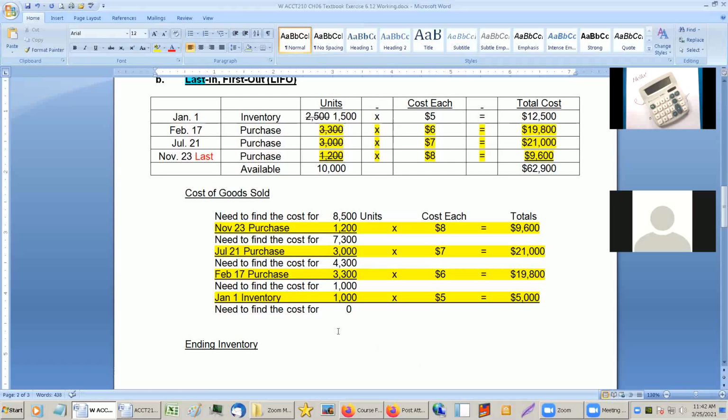And so all those together will be our cost of goods sold. All right. So 90 plus 85,400.